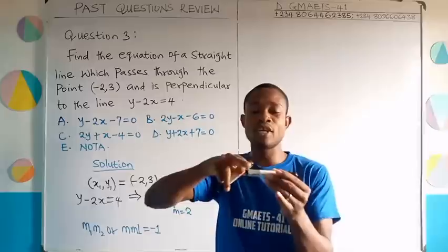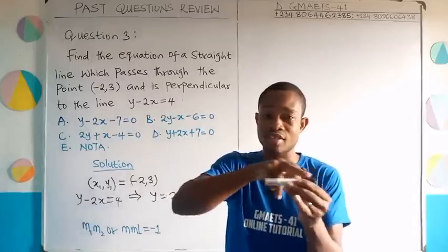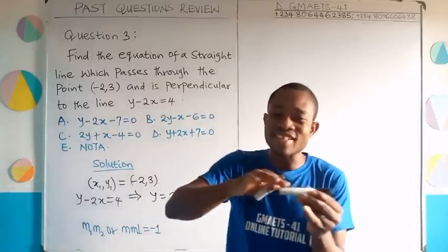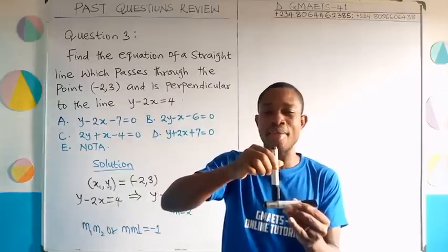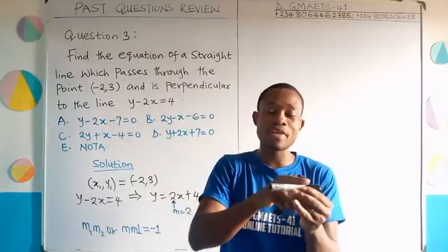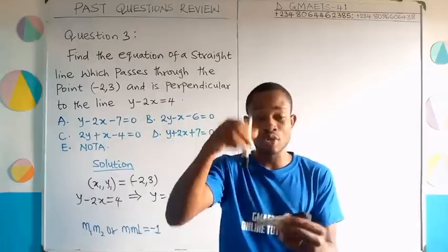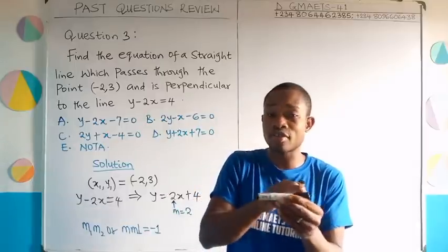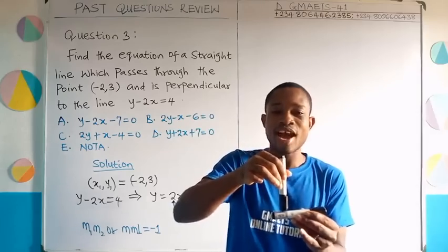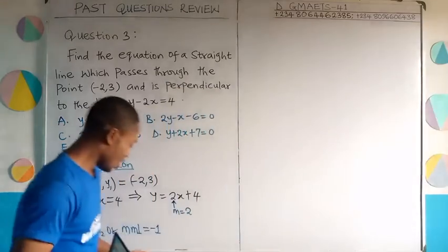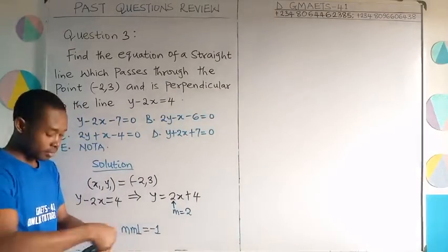Okay? So if the equation of this line is given, now if I get a gradient as m, then this one, its gradient will now be what? m perpendicular. I can call the gradient of this one m1, this will become m2. Or I can choose to call the gradient of this straight line m, then this second straight line that is perpendicular to it, I will call it m perpendicular, and we've decided to use this symbol for it.